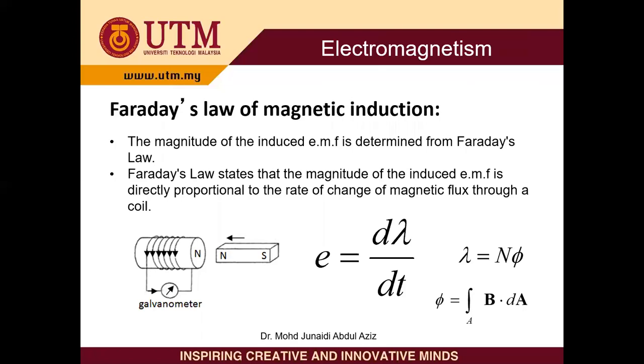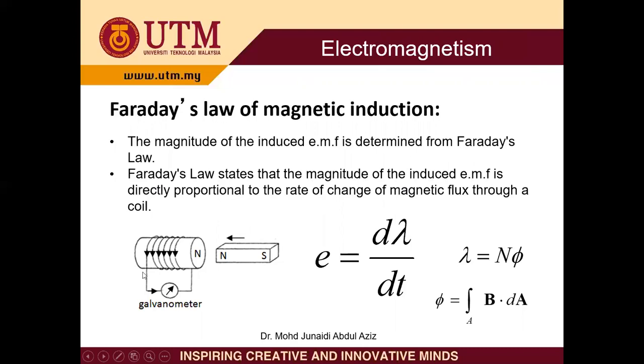For Faraday's law, it says that the magnitude of the induced EMF, for example E, or voltage, the induced voltage, is directly proportional to the rate of change of the magnetic flux through a coil.